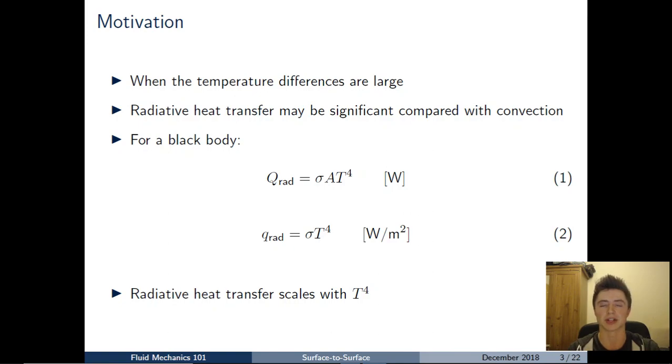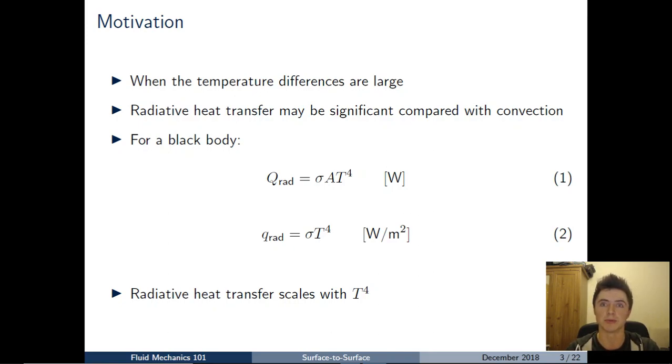So what that really tells us is that radiative heat flux scales with the fourth power of temperature, or the fourth power of the temperature difference. So as temperature differences get large, all of a sudden radiative heat transfer becomes extremely dominant, and we do need to consider it in our simulations.